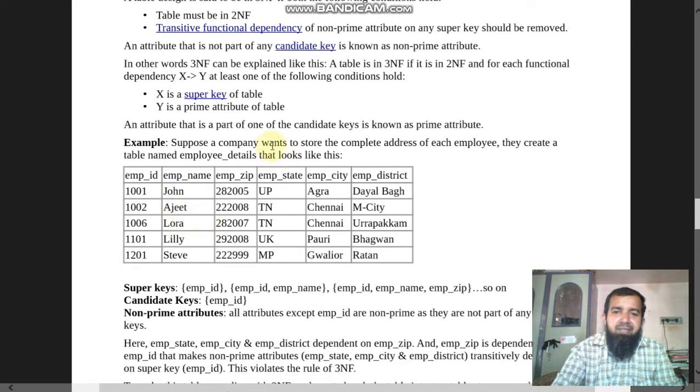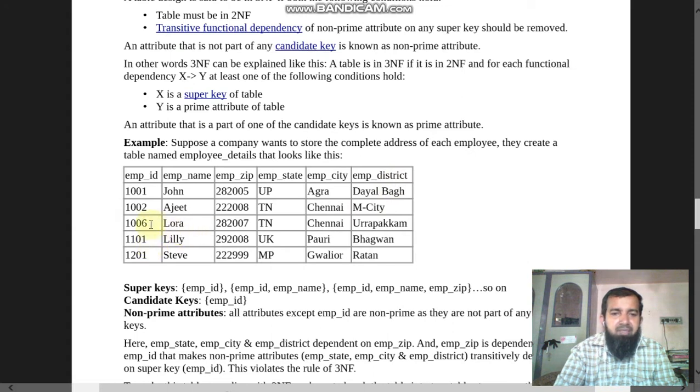Suppose a company wants to store the complete address of each employee. They create a table named employee details that looks like this. It contains employee ID, employee name, zip code, employee state, employee city, and employee district.